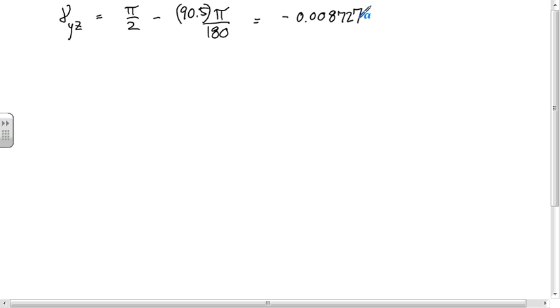90.5 times pi over 180. Did you use 3.14 for pi or something? Oh, you're talking about 90.5 times pi over 180? Yeah. That's 1.58. Okay.